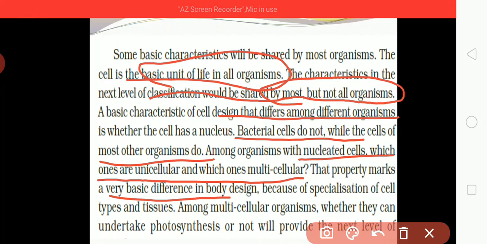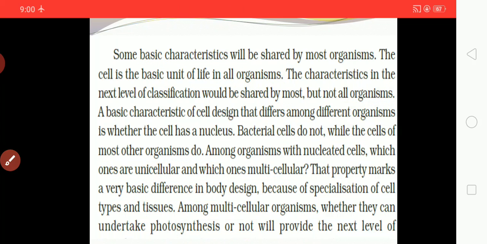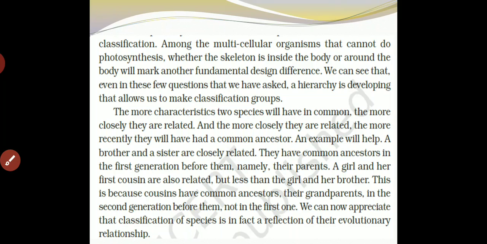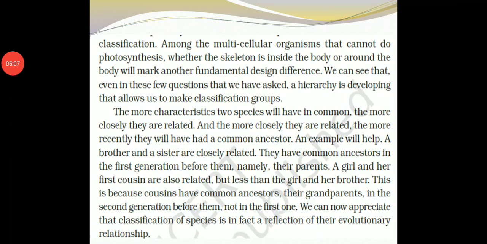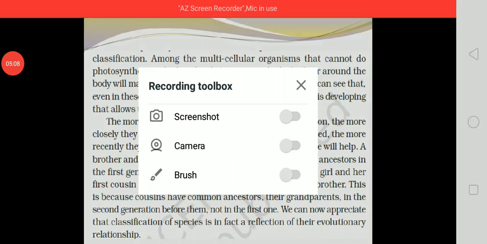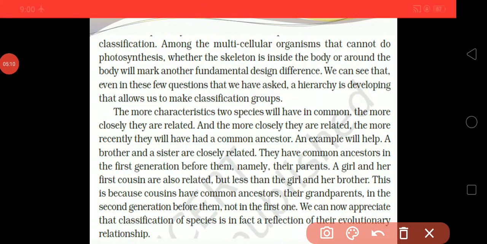Because of specialization of cell type and tissue among multicellular organisms, whether they can undertake photosynthesis or not will provide the next level of classification. Whether it does photosynthesis or not is also one of the important characteristics.